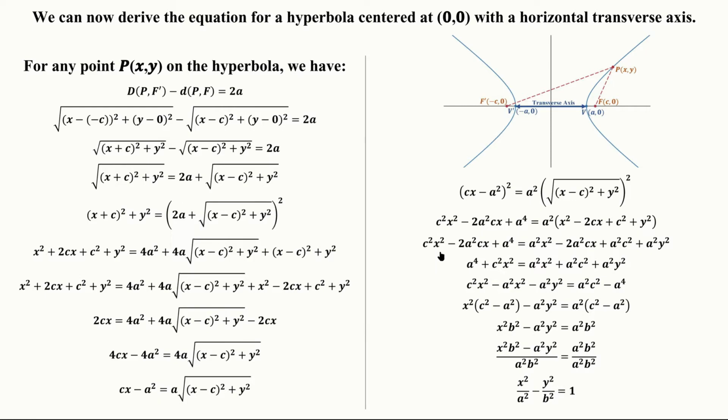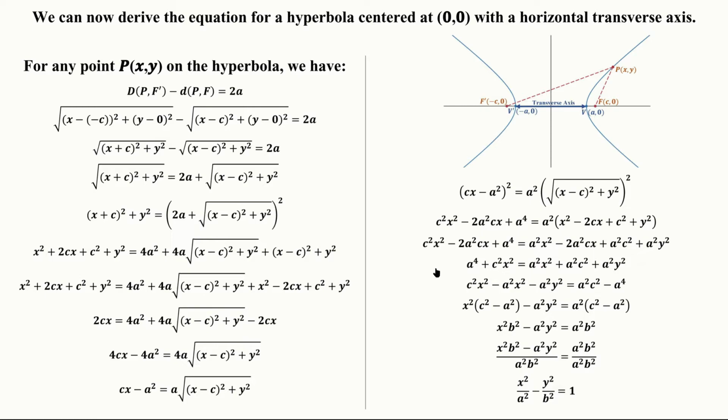All right, so just continuing our process here, we get c squared x squared minus 2a squared cx plus a to the 4 equals, here we're just distributing the a squared by each of those terms, and we end up with this expression.